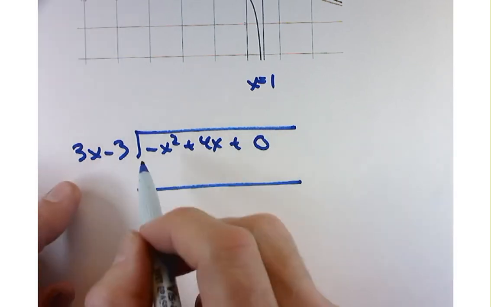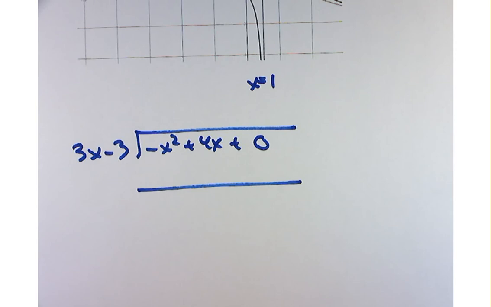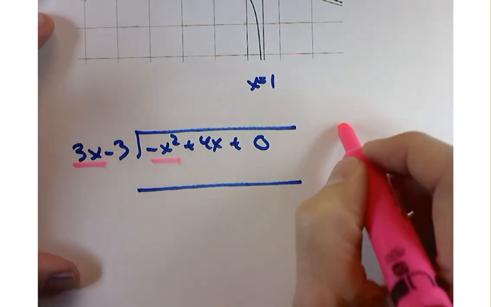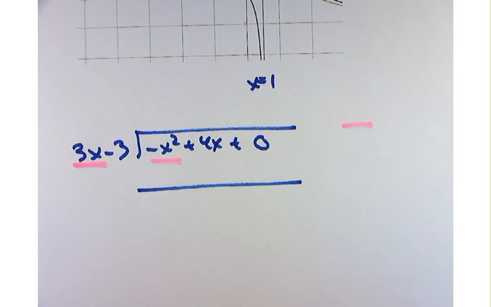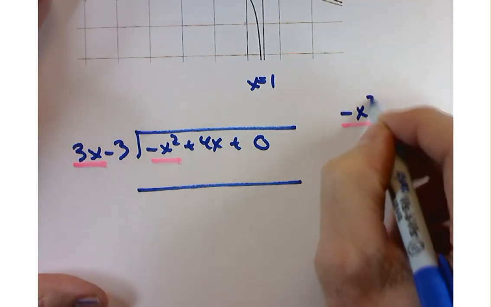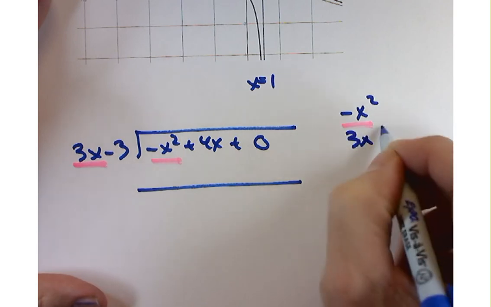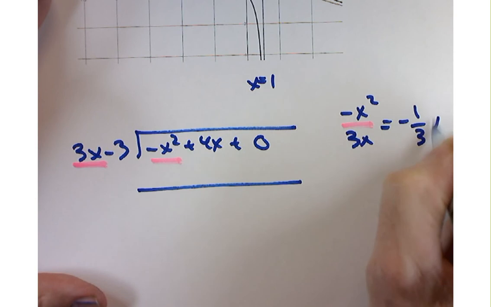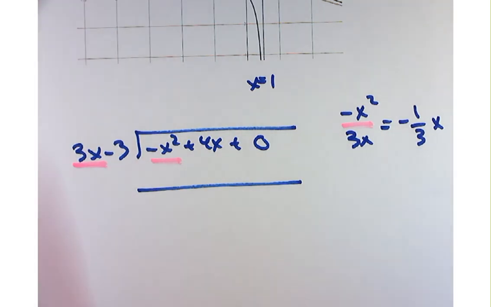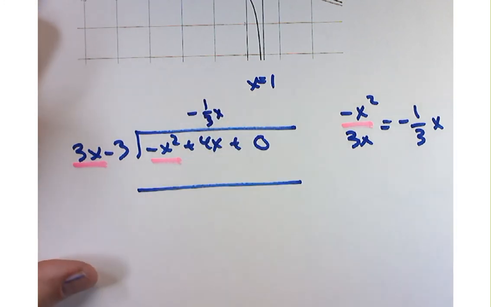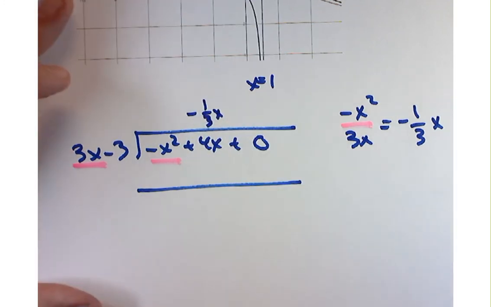The first thing I got to do is figure out, well, what do I multiply this by to get this? And for that, I'll do a little division. Negative x squared divided by 3x. That simplifies to negative 1 over 3 times x. And that's the term that goes up here. Negative 1/3 x. Yeesh. Fractions.